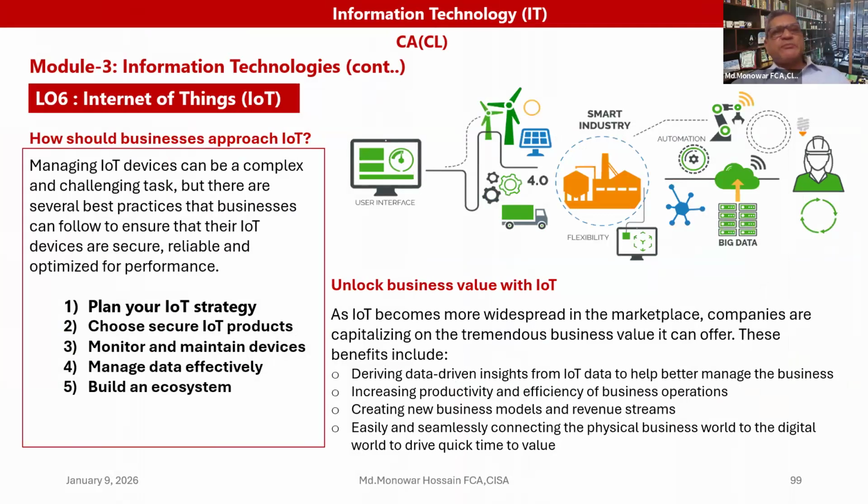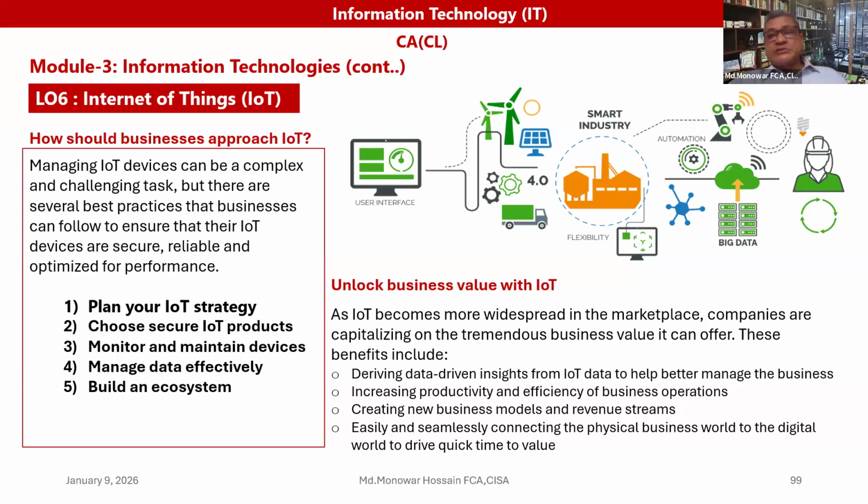How should a business approach IoT? We have to manage IoT devices, which can be complex or challenging, but there are several best practices used by businesses worldwide, and with that type of model, IoT devices are secure, reliable, and optimize the performance of the organization.